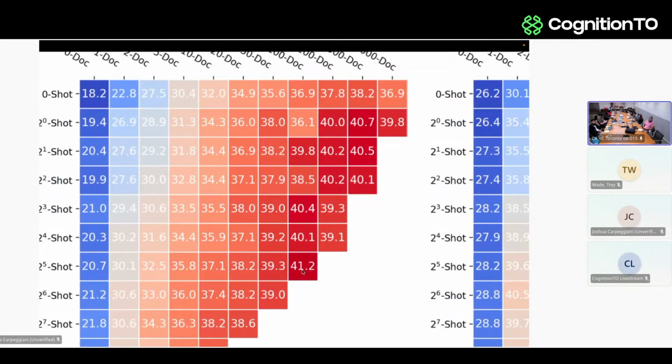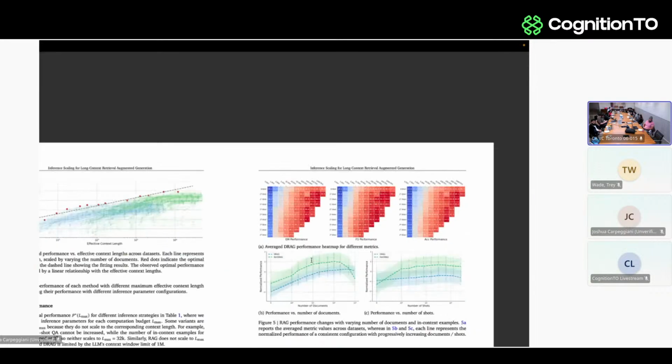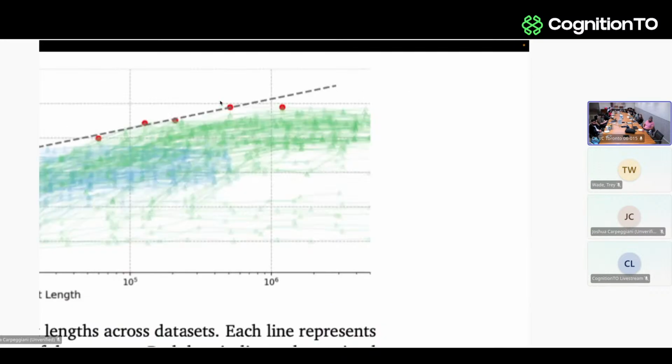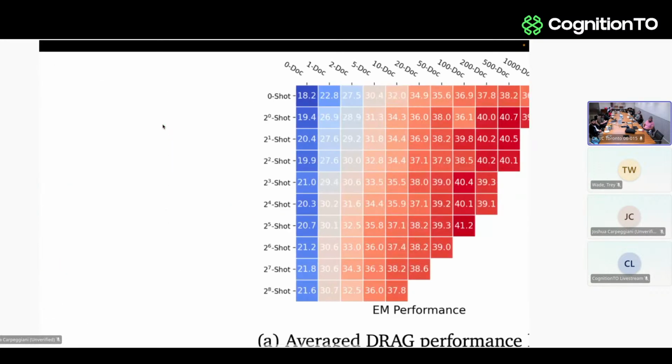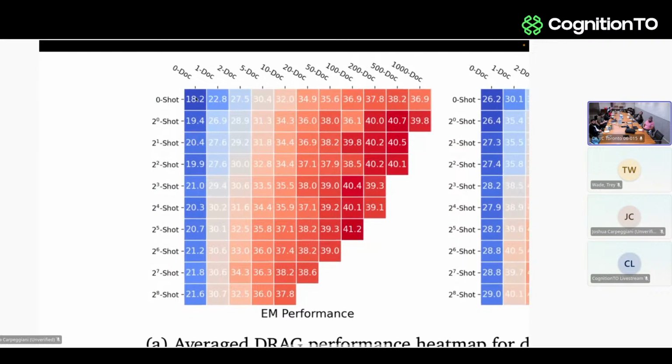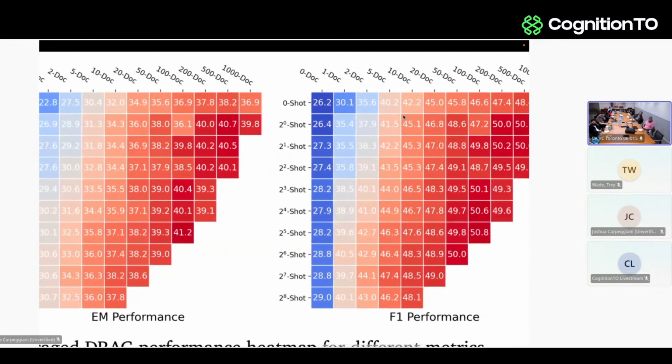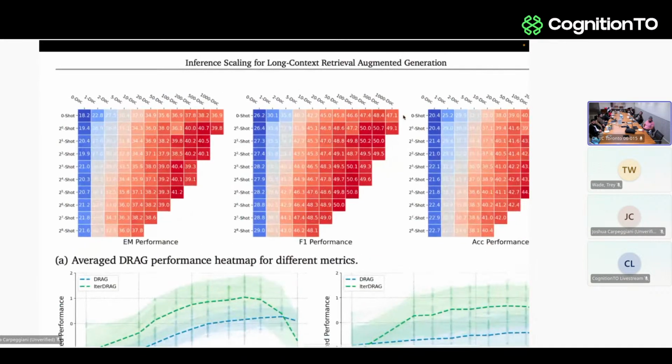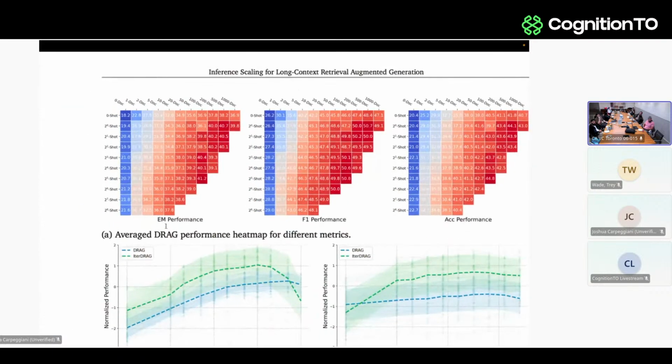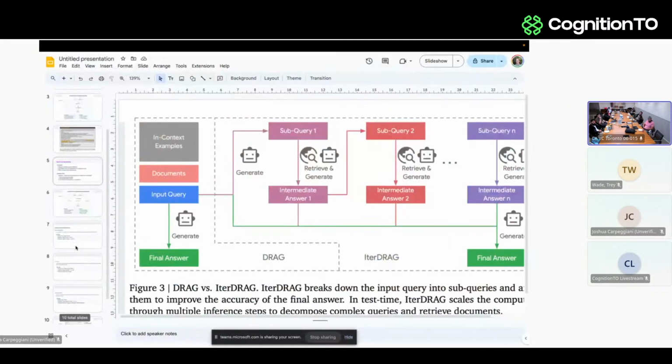And this is how they get the dots. For example, these ones here, it's just the thing that ended up getting the highest result after doing this sweep of the number of documents and the number of shots. I want to go through EM, F1, and AC because that is sort of important.